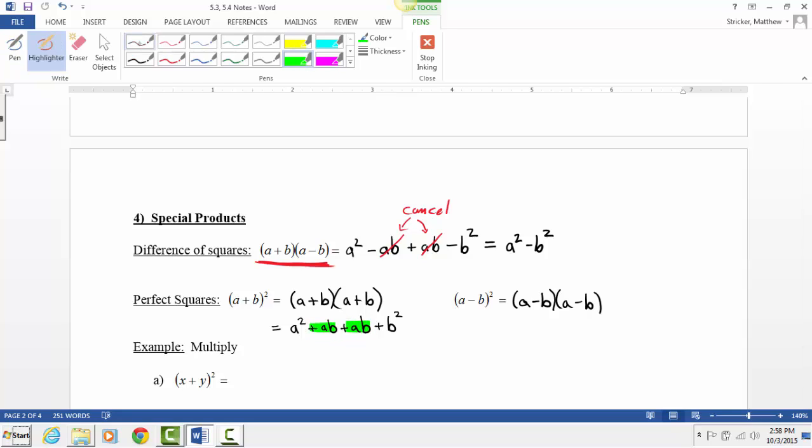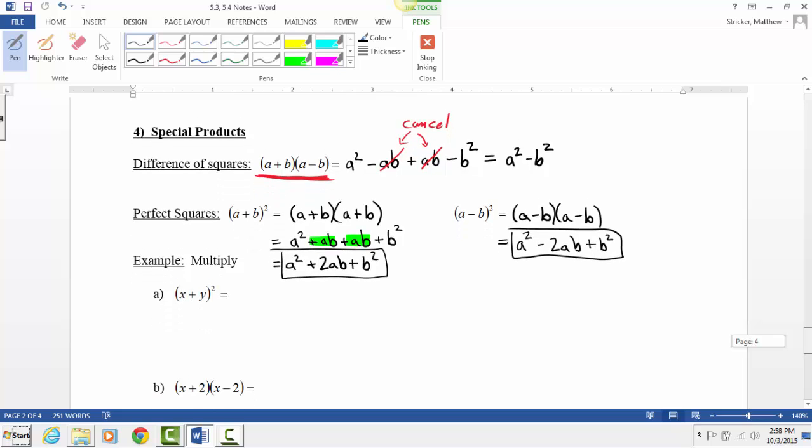We have basically 1ab plus 1ab, which is 2ab. So this is a squared plus 2ab plus b squared. And this one similarly will be a squared minus 2ab plus b squared.